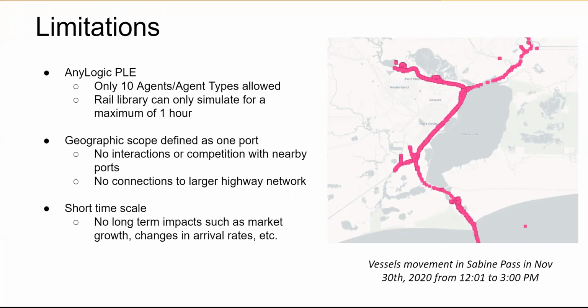We attempted to fix these issues by creating a separate model for the grain terminal and trains, but we were not able to find a solution within our time constraints. In terms of the geographic scope, it's possible to think about one of the closest ports being shut down during a hurricane and demand being redirected to Port Arthur, but this geographic dependency is not included in the model.